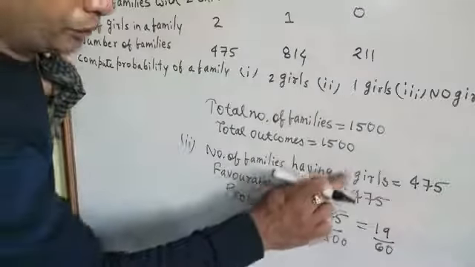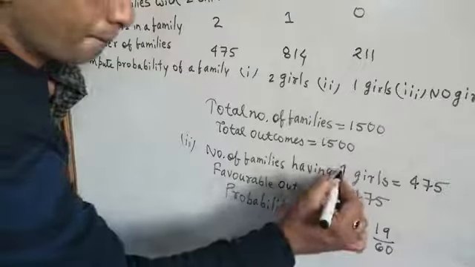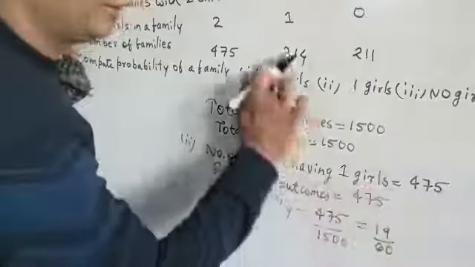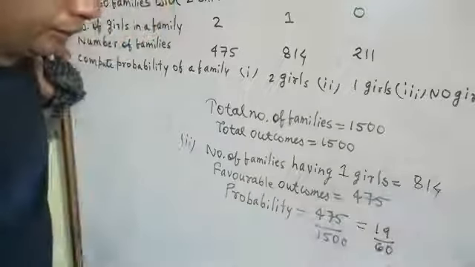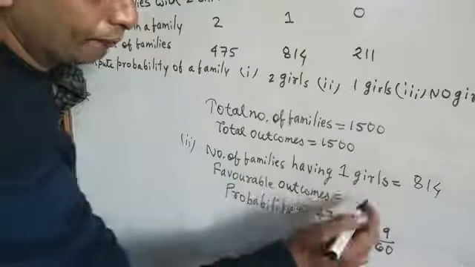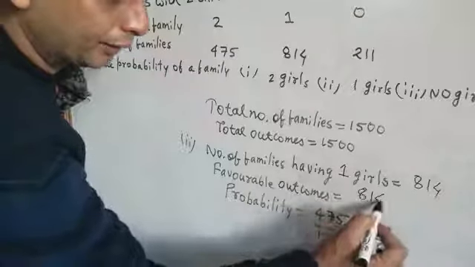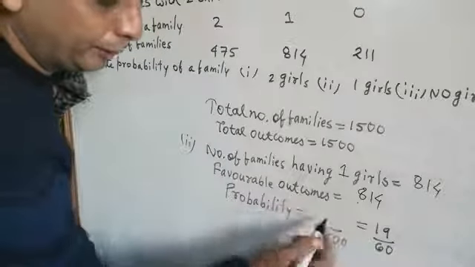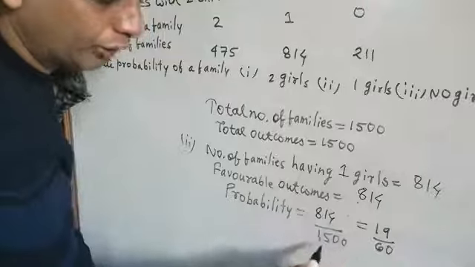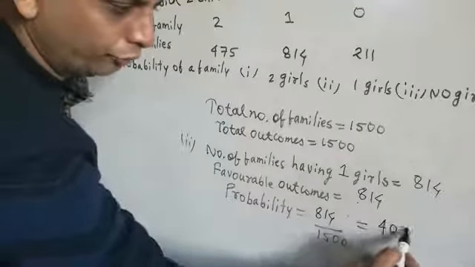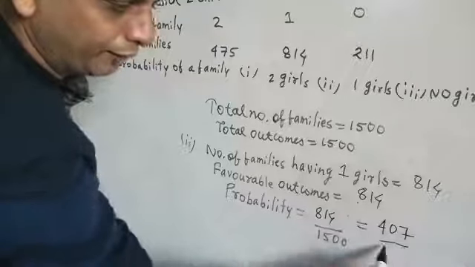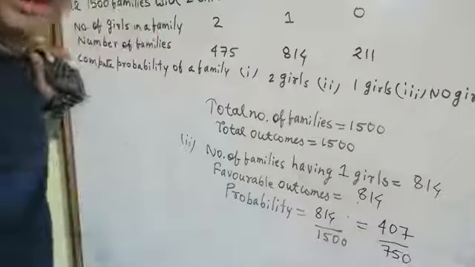Number of families having 1 girl will be 814. So favorable outcome will be 814. Now 814 will be divided by 1,500. It can go in the table of 2. 407 divided by 750 is the answer.